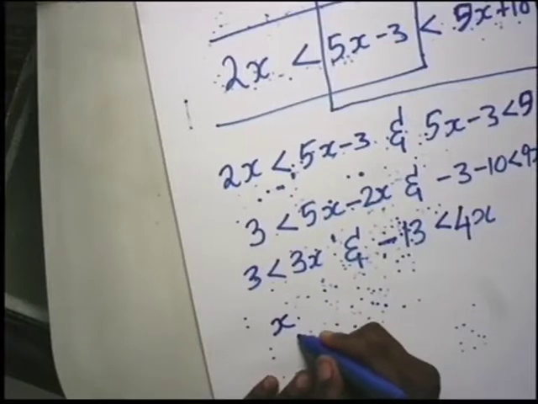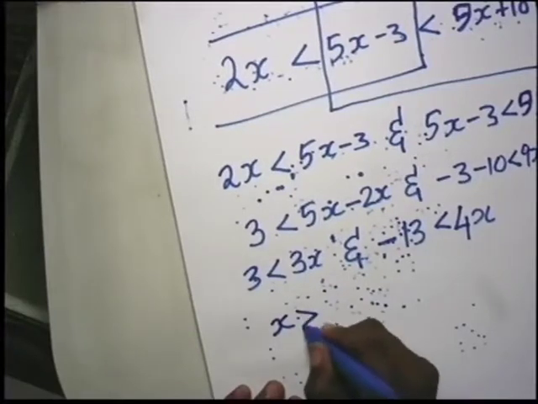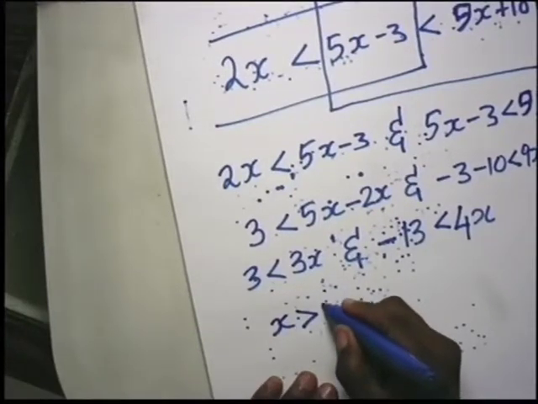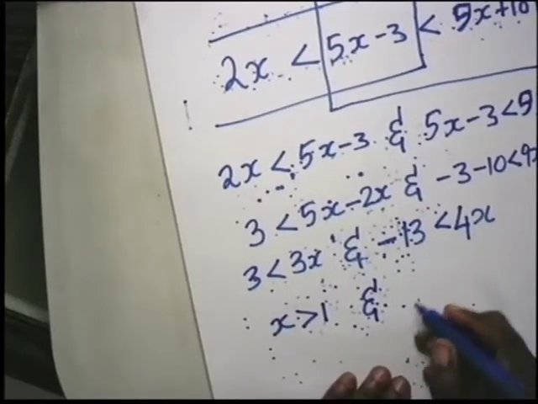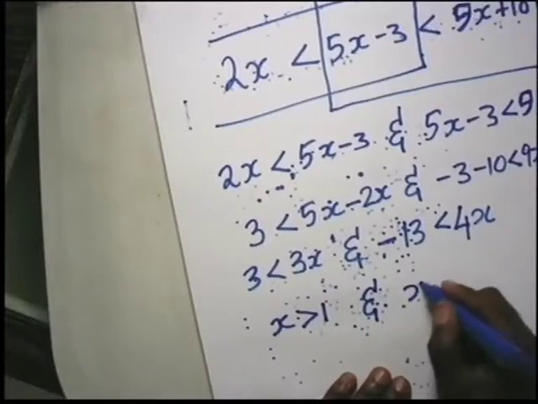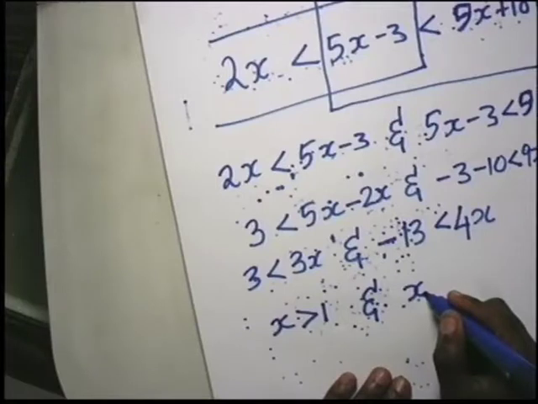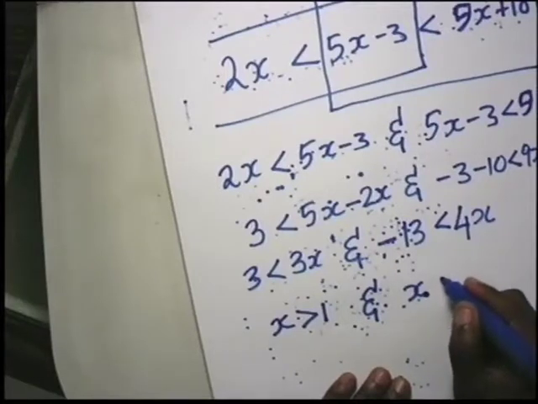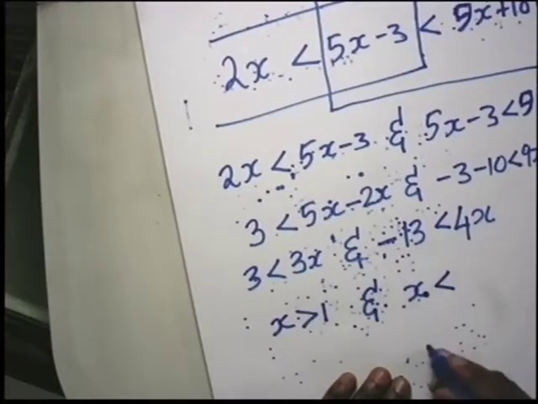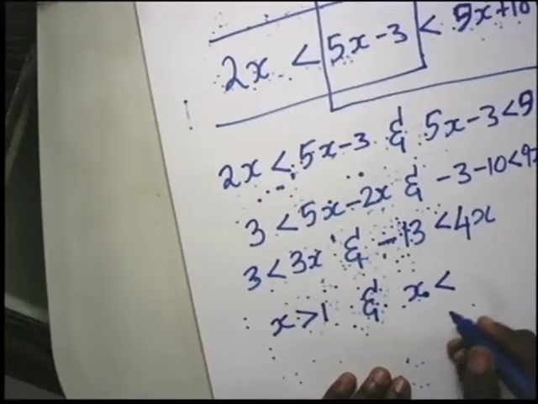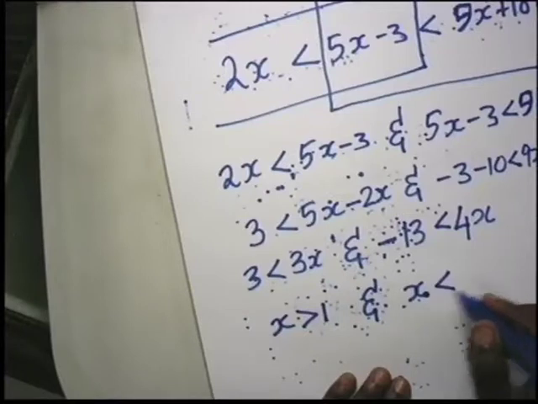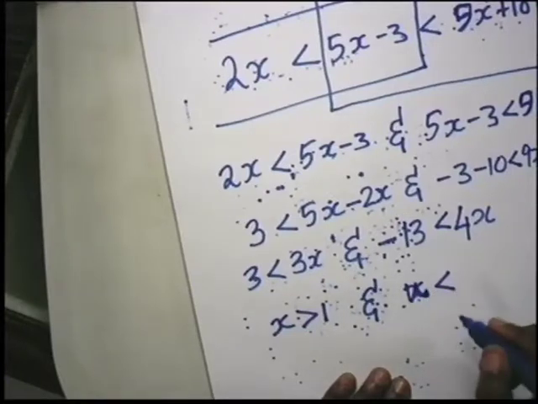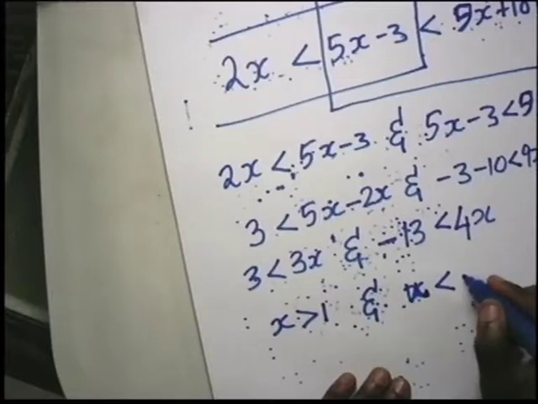So x is greater than 1 and x is greater than negative 13 over 4, my apology for that.